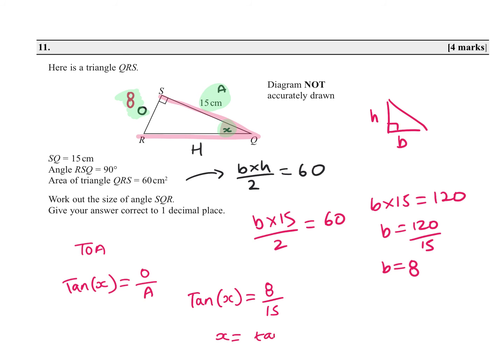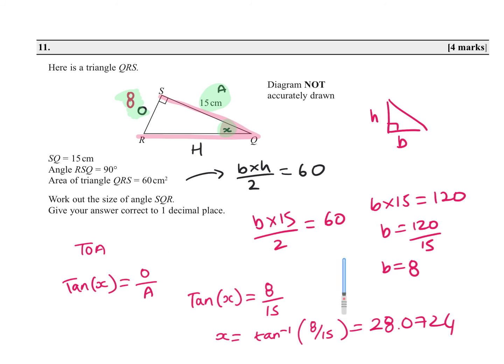X equals inverse tan of 8 over 15. Shift tan 8 over 15 equals 28.0724.